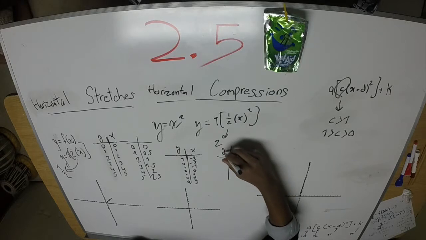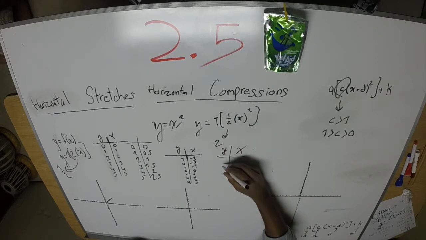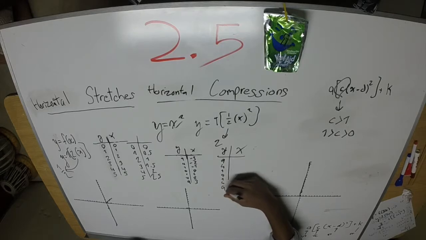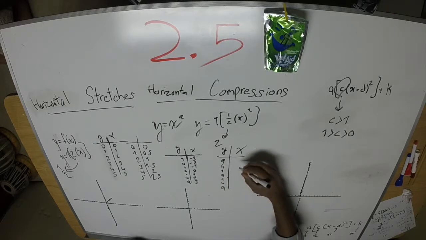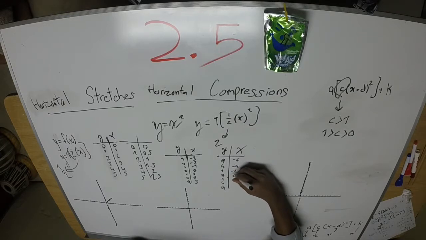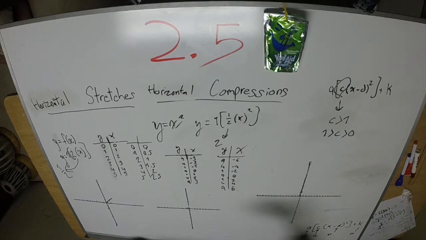So making another table of values, the y values stay at 9, 4, 1, 0, 1, 4, 9, but the x values become -6, -4, -2, 0, 2, 4, and 6.